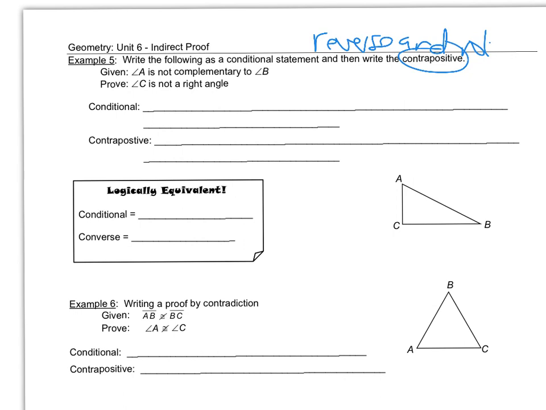So you would say, if angle C is not complementary to angle B, then angle C is not a right angle.